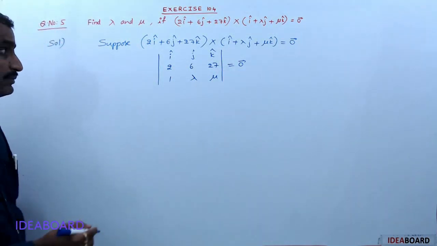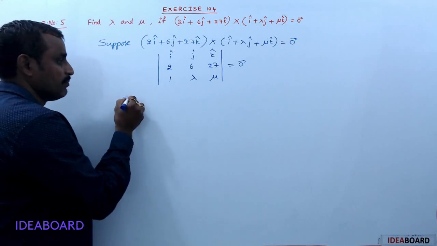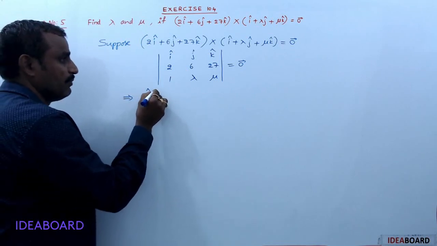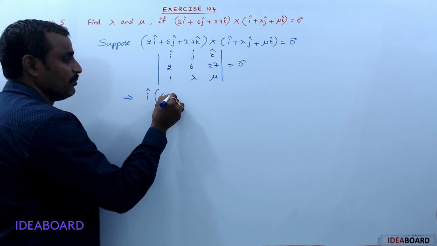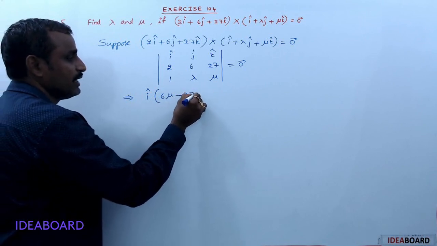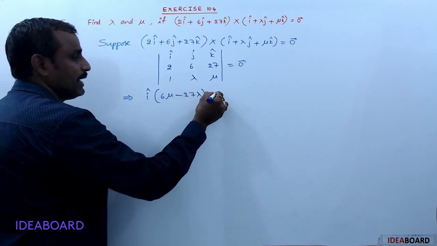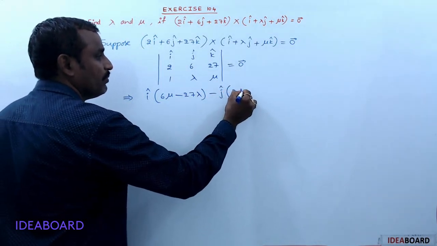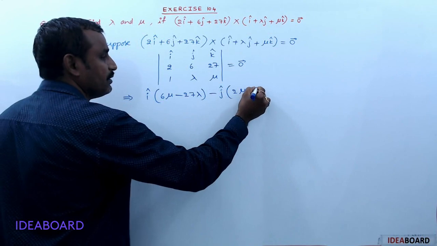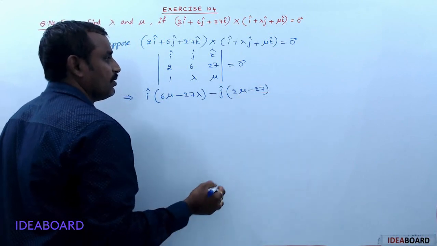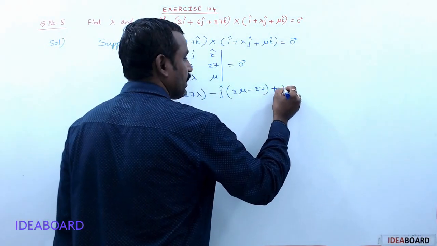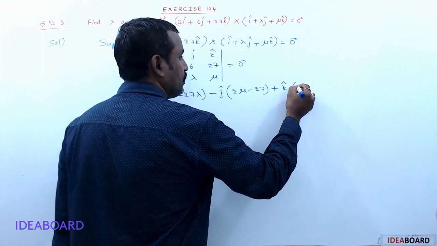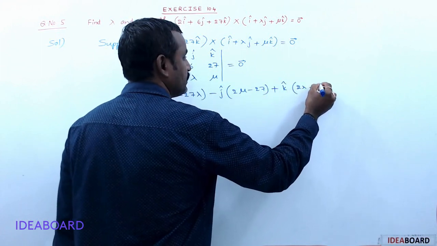Now simplify: i cap of (6 mu minus 27 lambda) minus j cap of (2 mu minus 27) plus k cap of (2 lambda minus 6).